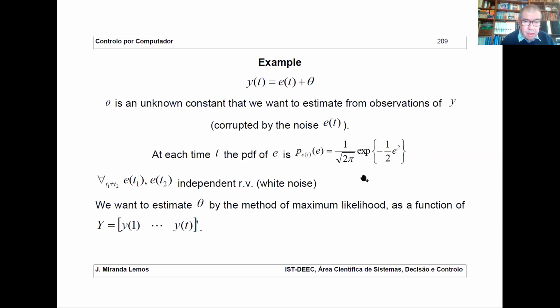So we know the probability of E, and we do a number of observations. So we have this capital Y, a vector of observations, Y1, Y2, Yt. And we want to estimate the value of theta using maximum likelihood from this vector.